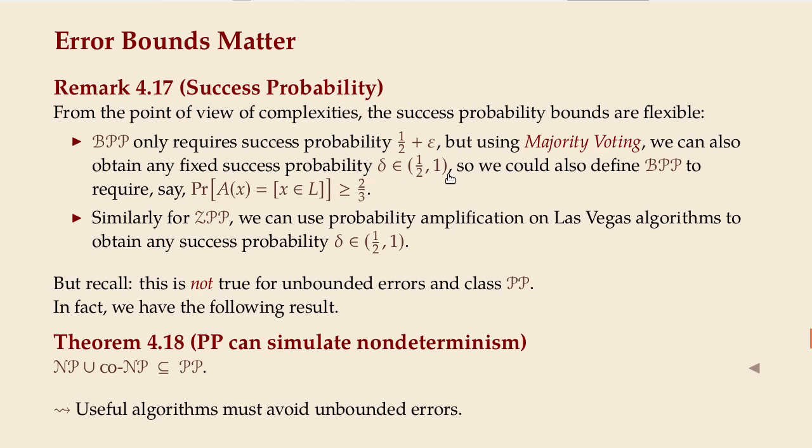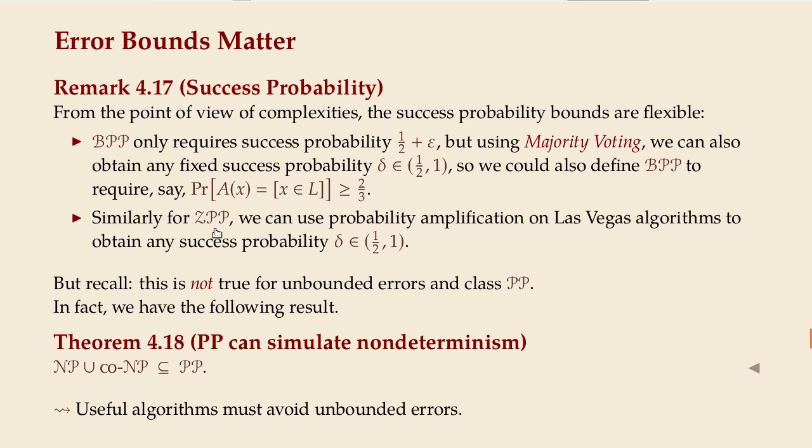And we showed much more, because we showed that we can actually bound it by some delta that goes to 1 exponentially fast in a sense, or superpolynomially fast. And we could, for example, define BPP so that we require 2/3 instead of 1/2 plus epsilon, or any other constant delta, which doesn't change that class.